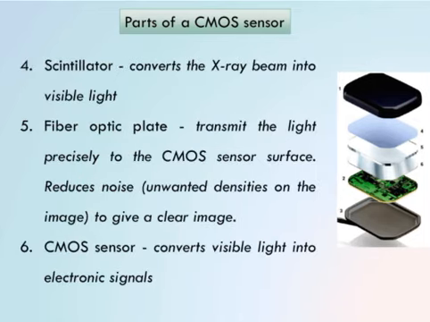Okay. Now, scintillator, it converts the X-ray beam into visible light. As I said, it has the same functions like the intensifying screens that we use in the extraoral imaging. Fiber optic plate, it transmits the light precisely to the sensor surface, reduces the noise.